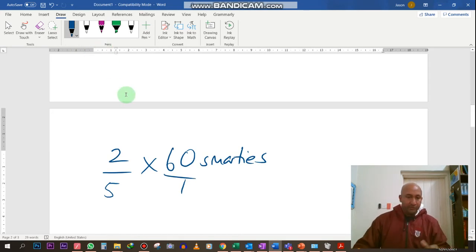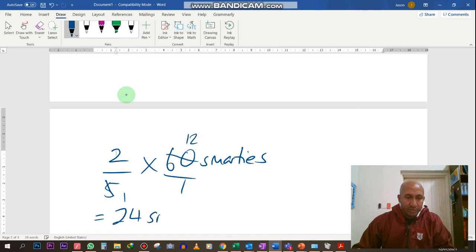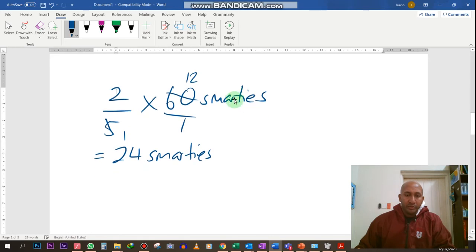So again, very similar to the first sum, I can see there's a relationship between 5 and 60. So 5 into itself goes once, 5 into 60 goes 12 times. 12 times 2 is 24 Smarties. Will be coming Tristan's way.